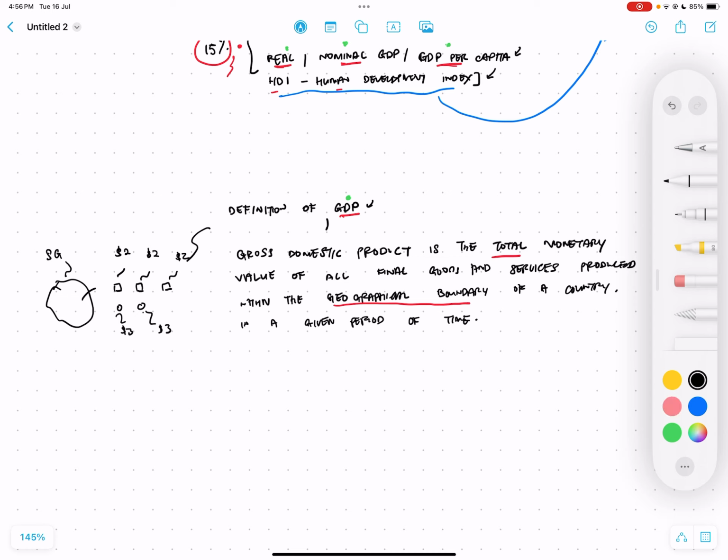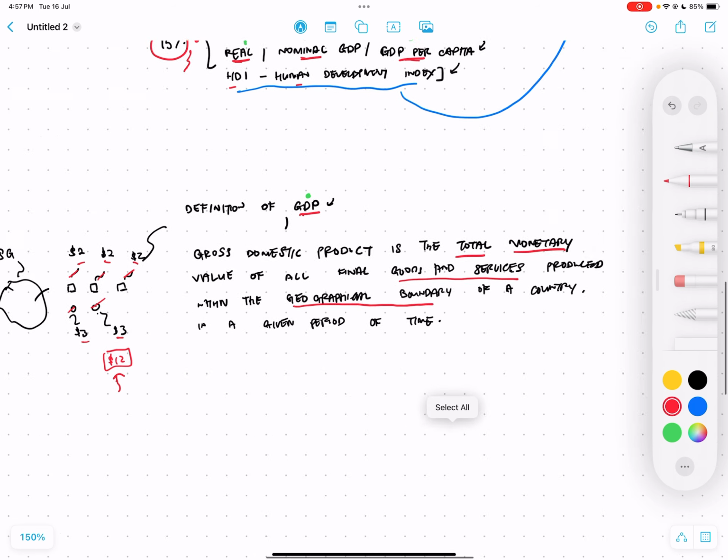So you just add all the monetary value: 2, 2, 2, 3, 3. How much is this? $12. So this is the total monetary value of all goods and services: the first square, second square, third square, first circle, second circle, all the goods and services produced. You sum them up and you get the $12. That's the GDP of Singapore.